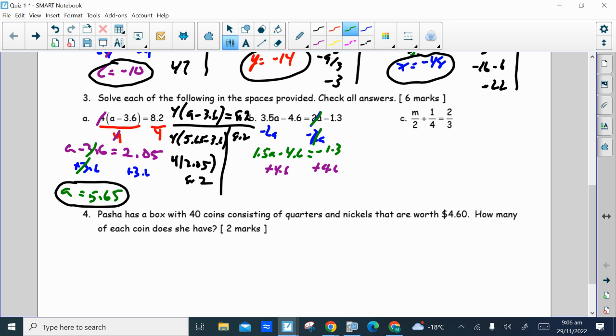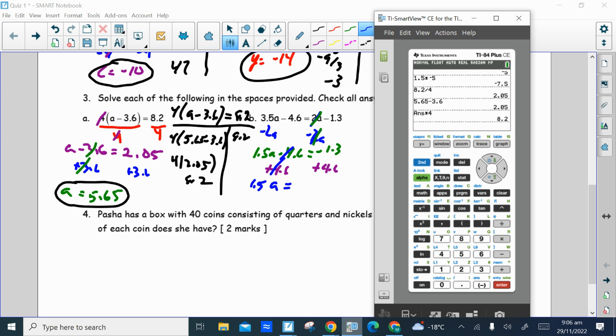So on the left side, the 4.6's will cancel. I'll have 1.5a. And on the right side, it'll be negative 1.3 plus 4.6, which would be 3.3, I think.